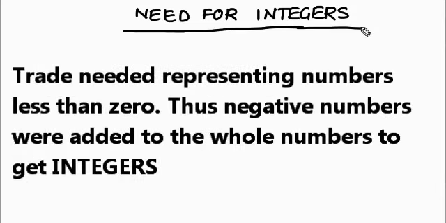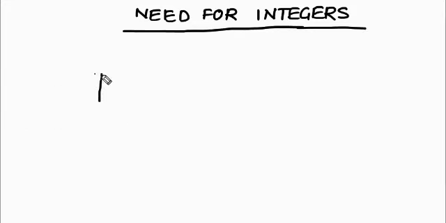But when trade increased, there was a need for some other number type, because of situations like taking a loan from someone. If I have 1000 rupees with me, but I have also taken a loan of 2000 rupees, it means that though I have these 1000 rupees with me, I also have to give someone 2000 rupees. If I'm representing this as a zero line, then I'm going down.